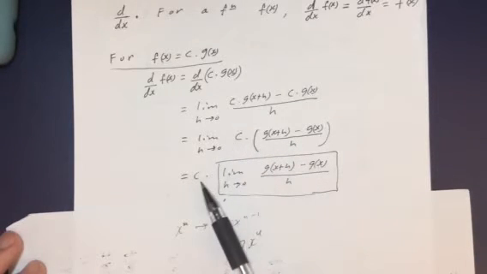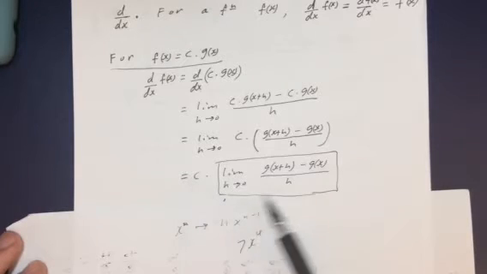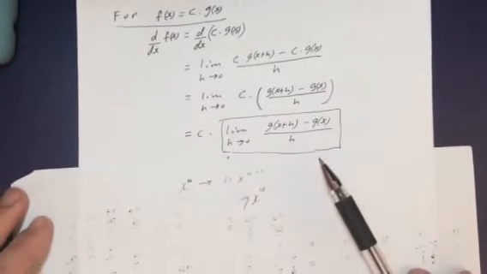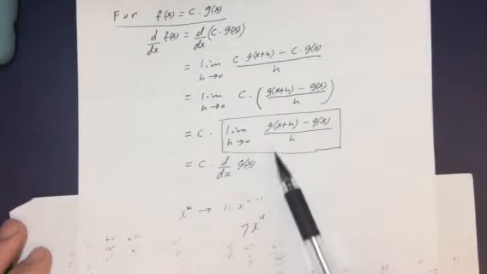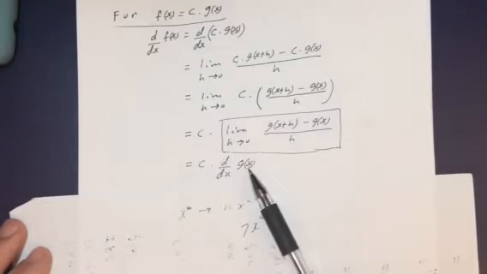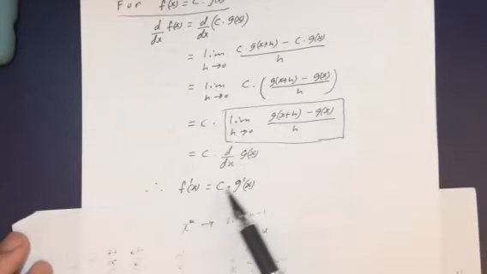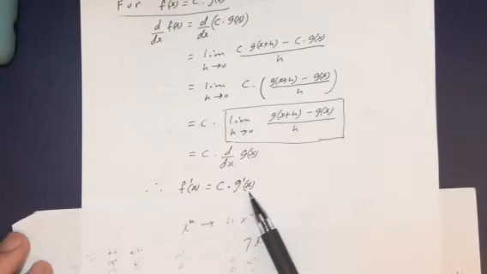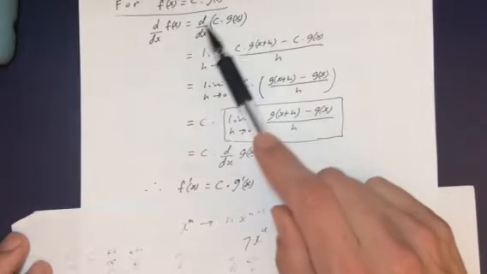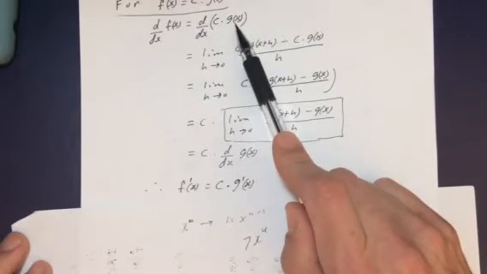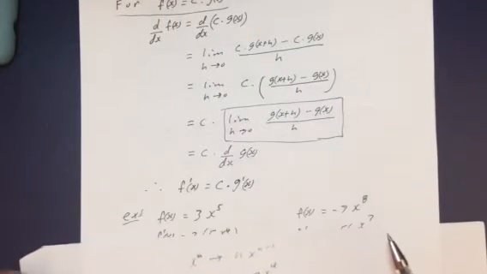And a limit of a constant is just a constant. And this ends up being just the derivative. So f prime of x is c times g prime of x when the function f of x is c times a function.